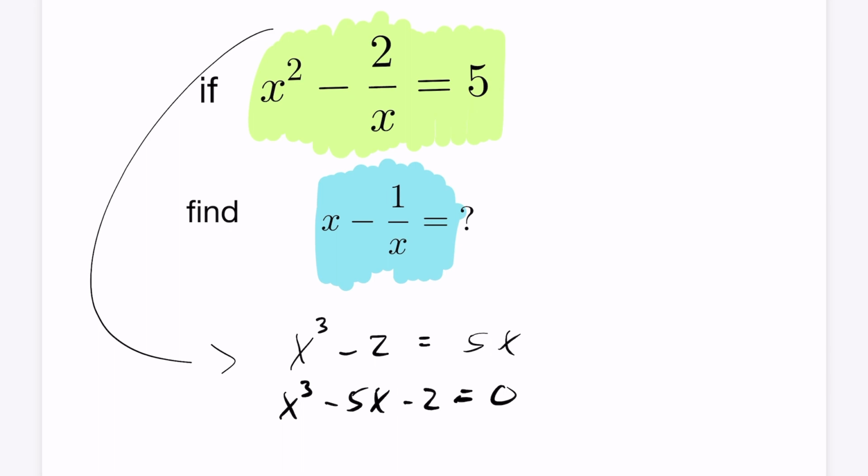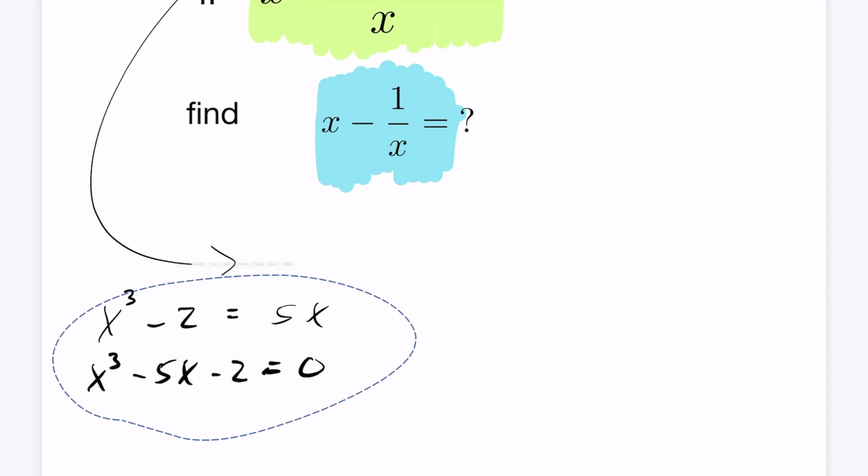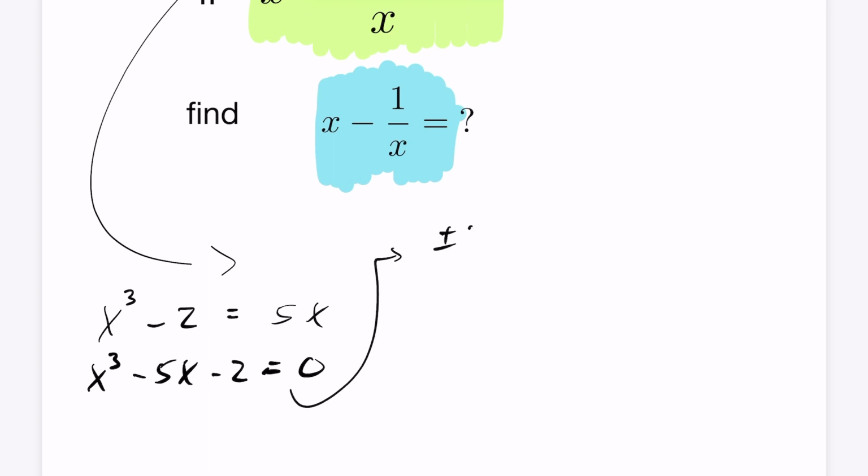Now I'm looking to find x minus 1 over x. Let's just figure out what we can find from this cubic itself. Again, looking at the rational root test, what do I know? I know that if this has a rational root, it's either going to be plus or minus 1 or plus or minus 2. If you try this at -2, let's check this out.